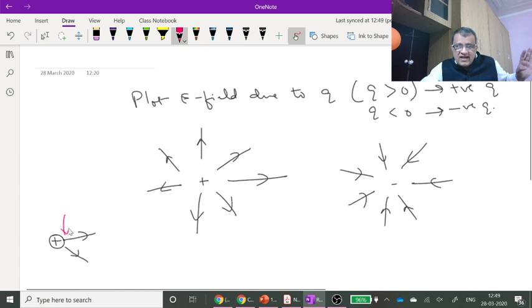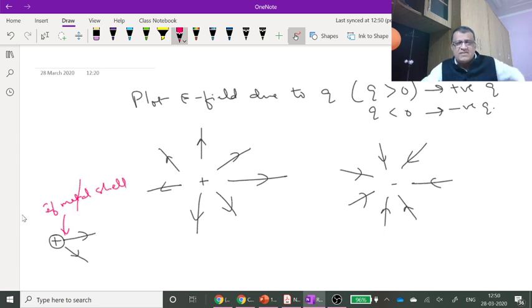This kind of line, if it is a shell, metal doesn't matter. If it is a shell, you have to touch it. But this kind of line, if Q is a point charge.